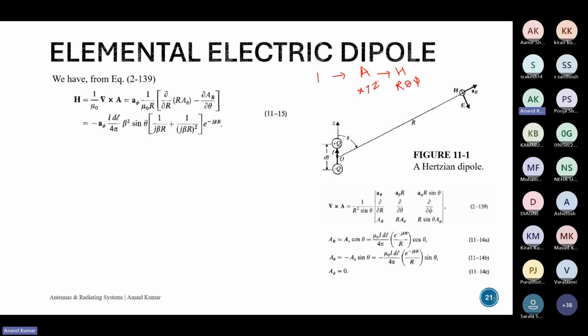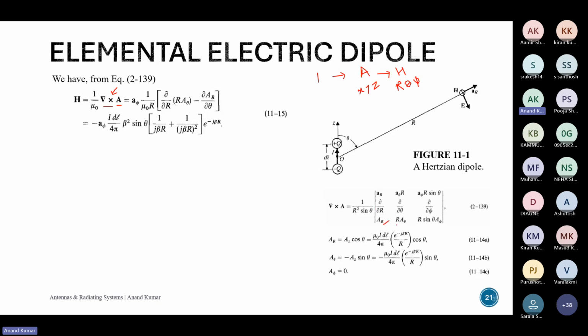Now we'll put the value of A over here and take the cross product. The math is tedious because you have to do a cross product in the spherical coordinate system. So this is how it looks.